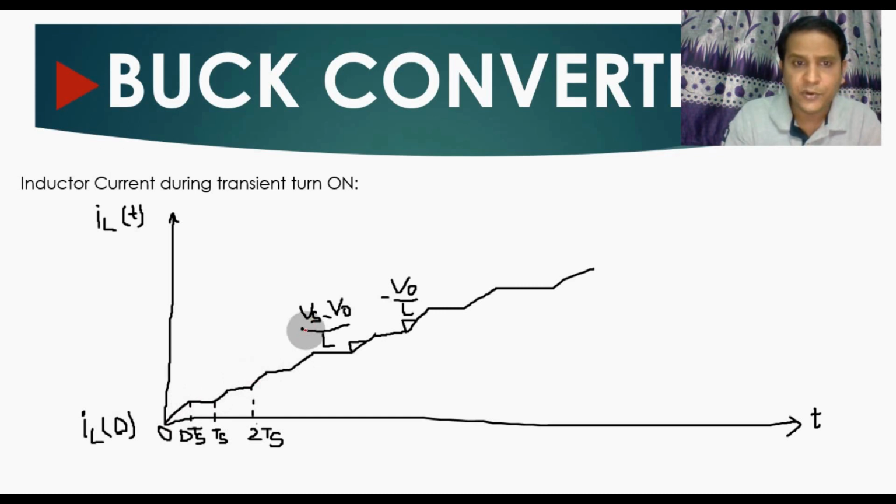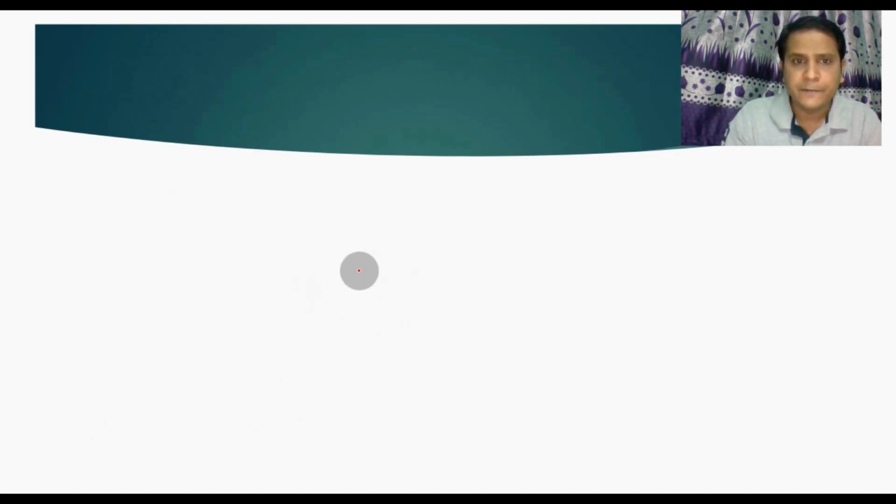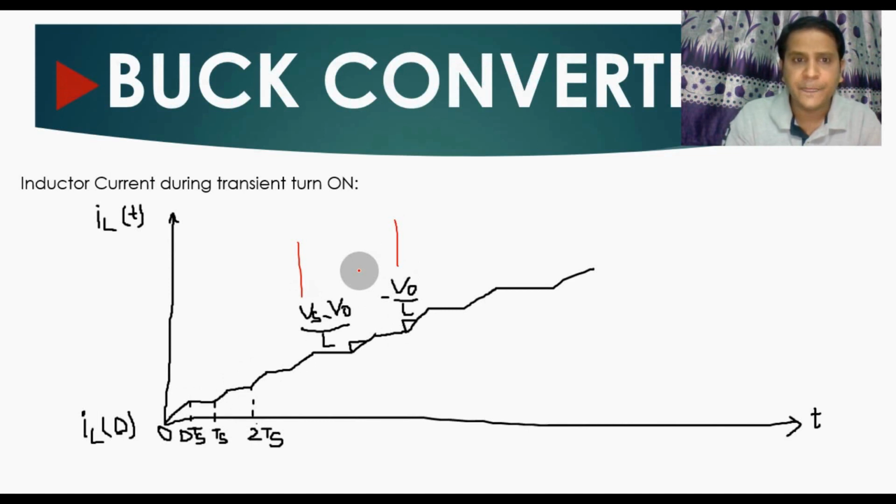Your increasing slope is Vs minus Vo divided by L, and your decreasing slope is minus Vo divided by L. These two we have already derived. So you can say that the current across your inductor cannot change instantaneously; it increases gradually.